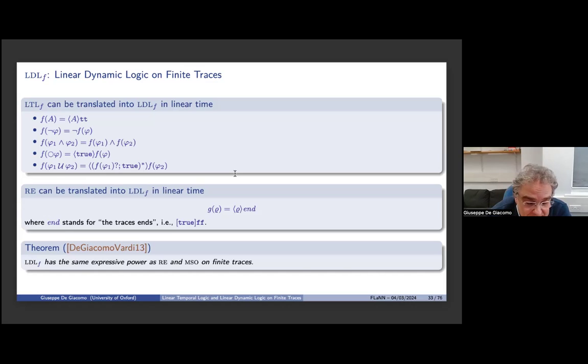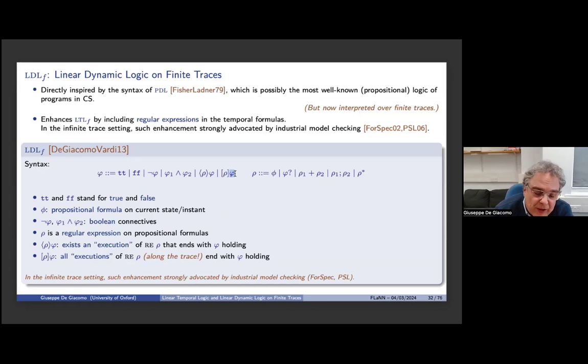So we have exactly the same expressive power as monadic second order logic, but we are closed under Booleans without any real difficulty. By the way, notice that this idea of extending LTL with regular expressions actually comes from far away, and it is even included in standard formalisms like ForSpec and PSL.